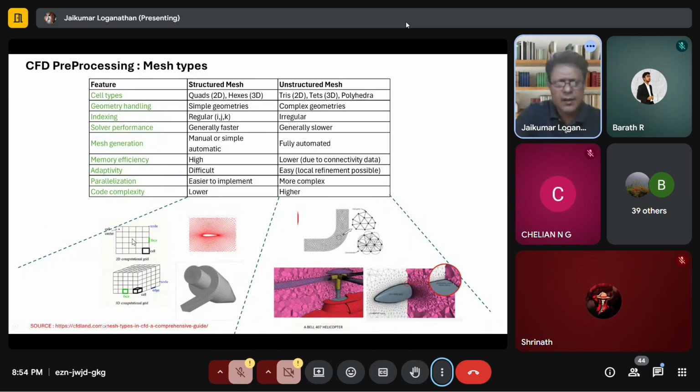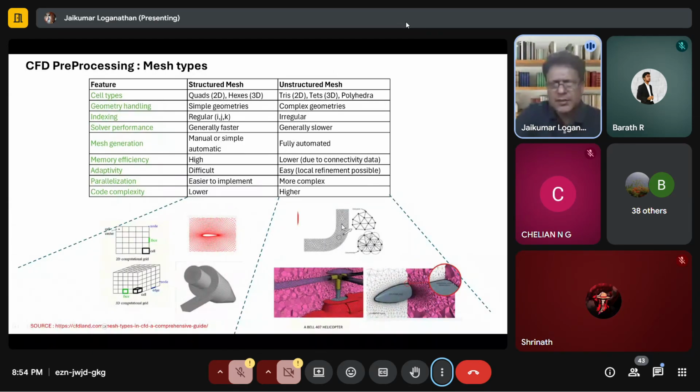So let's say I call this cell as i comma j. Then the left neighbor or the west neighbor is i minus 1 comma j, and the right neighbor is i plus 1 comma j. The north one will be i comma j plus 1, and the south one will be i comma j minus 1, right? So the neighbors are implicitly known.